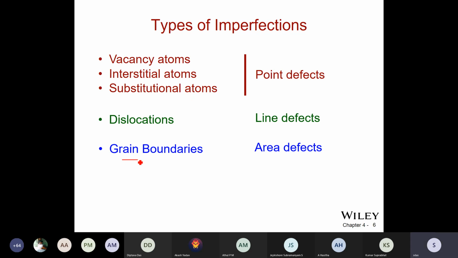We will talk about twins. We talk about stacking faults. These are the surface defects or area defects.